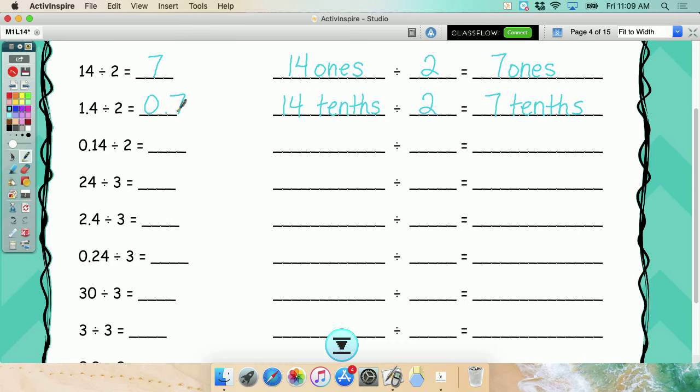So are you noticing that the place value of the dividend, which is the first number, and the place value of the quotient, which is the answer, are the same? Ones and ones, tenths and tenths. You think this one's going to be hundredths and hundredths? Yeah. Okay, go ahead and work on these on your own, and then we'll check them together.